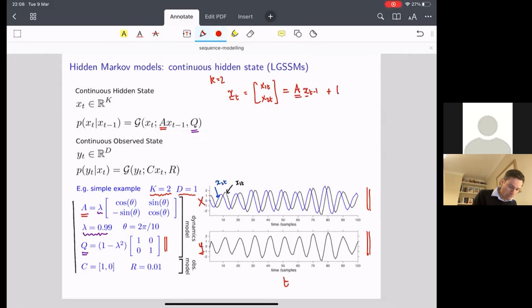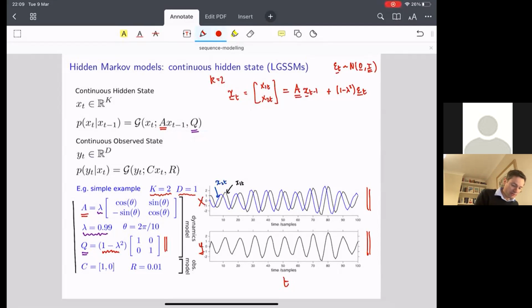We're going to add 1 minus lambda squared, that's the variance of this noise here, times a vector of noise variables where this noise comes from a standard Gaussian with 0 mean and identity covariance. This is just a 2D vector drawn from two independent mean 0, variance 1 Gaussians.